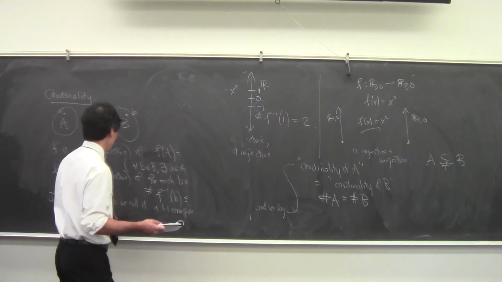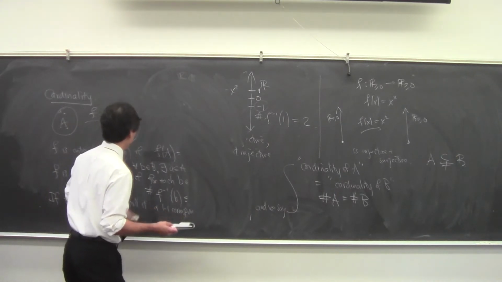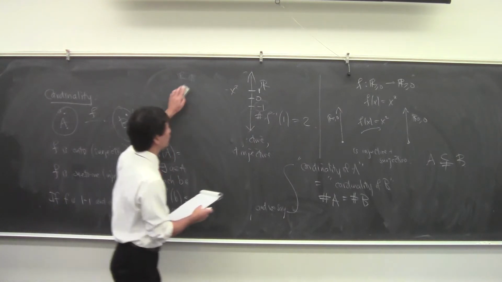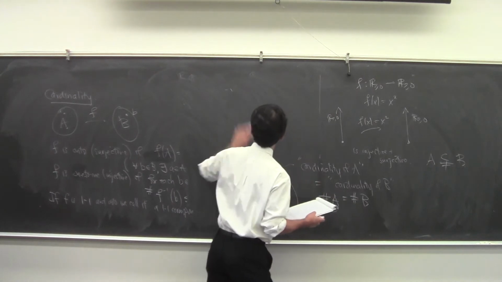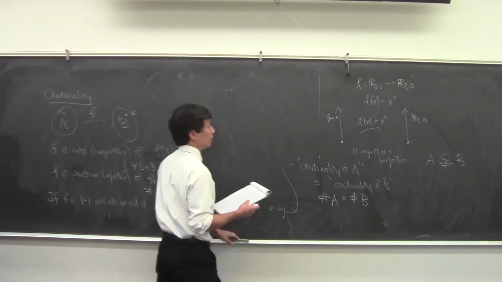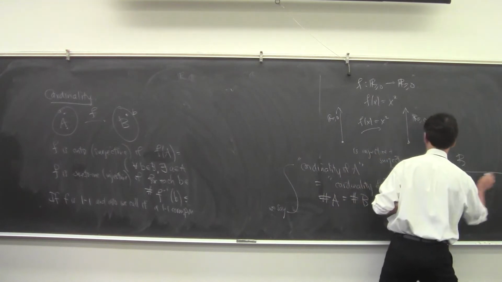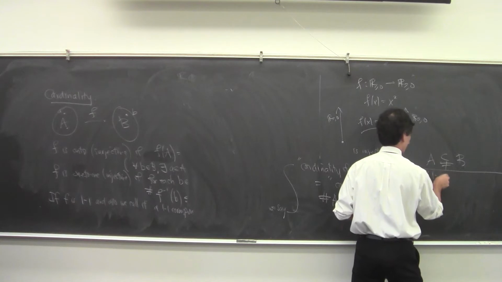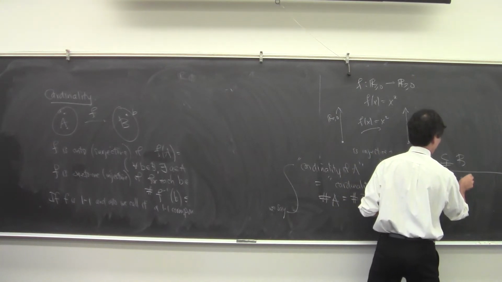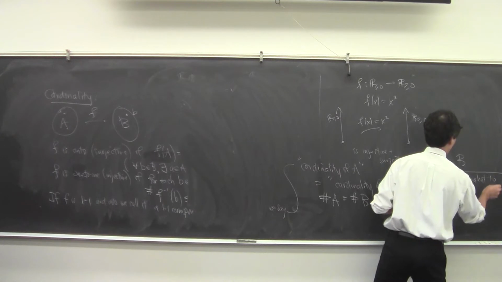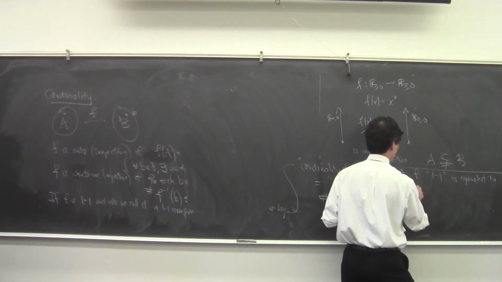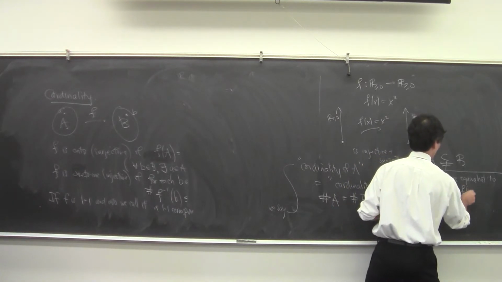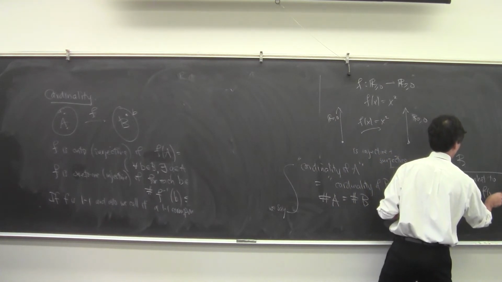Yeah. So one thing I wanted to say was that another way of saying one-to-one is that, remark: f being one-to-one is equivalent to the statement if x1 and x2 are different, then f of x1 and f of x2 are different.